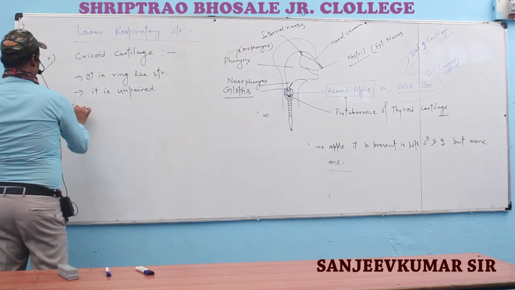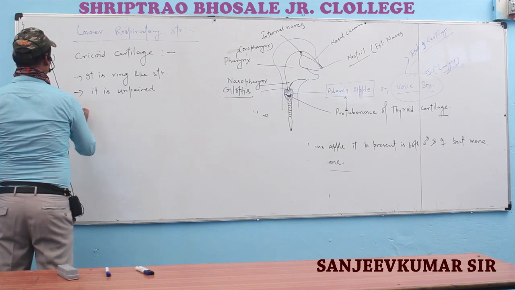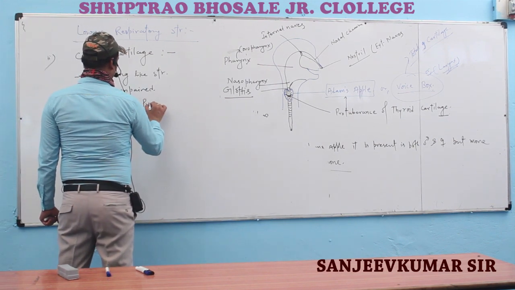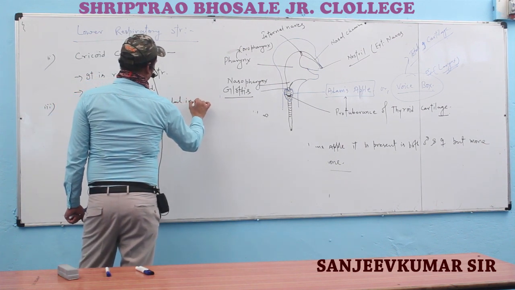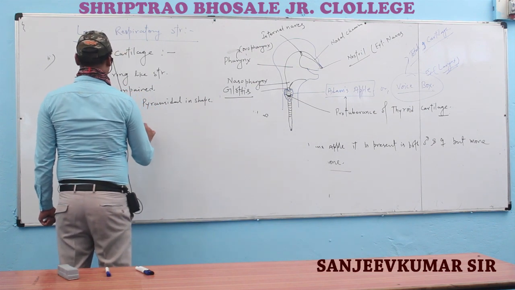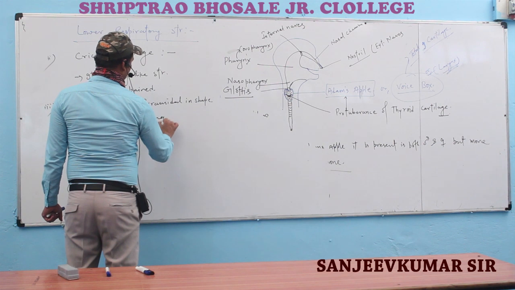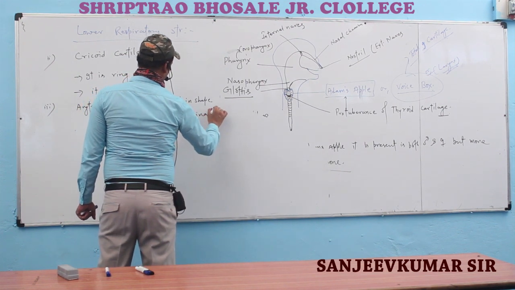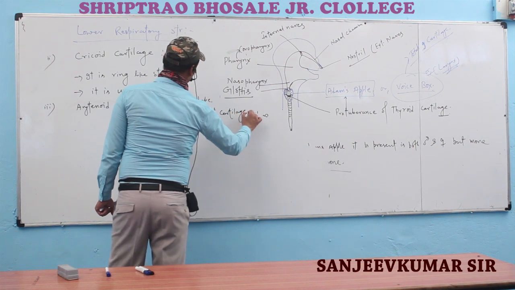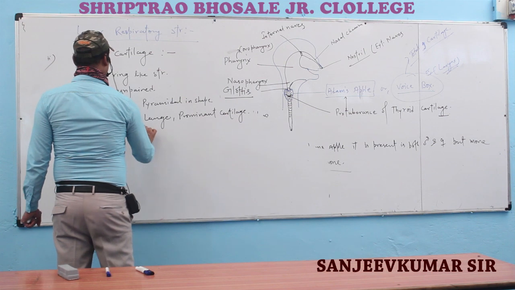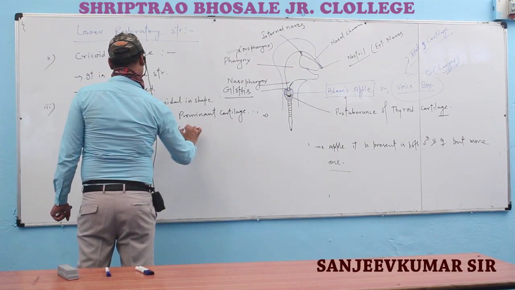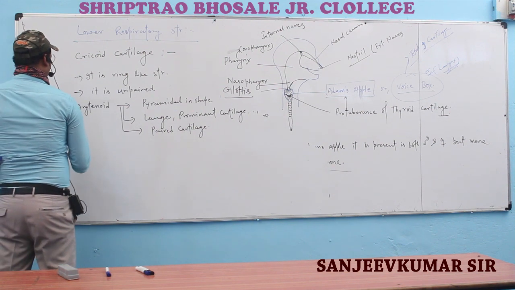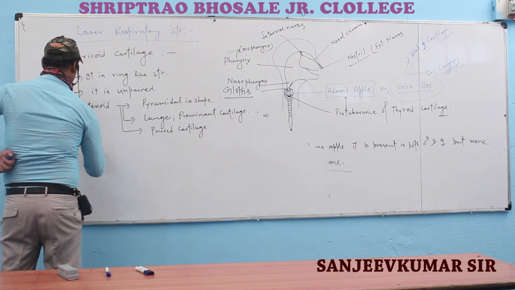Third is the arytenoid, pyramidal in shape, a large prominent cartilage, and it is a paired cartilage. Fourth, the corniculate.